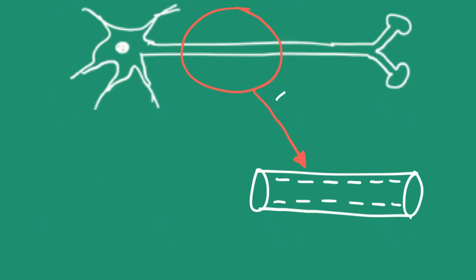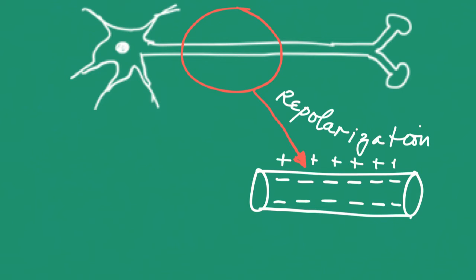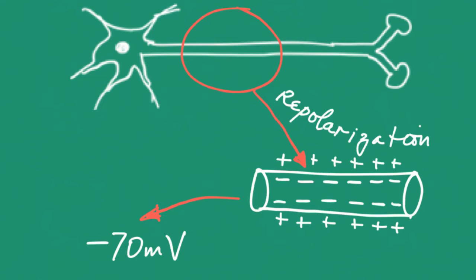We call this process repolarization, which means you're going back to how we started: the outside will be positive and the inside will be negative. And the voltage goes back to minus 70 millivolts, which is your resting membrane potential.